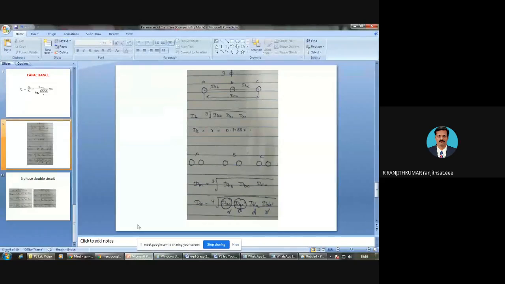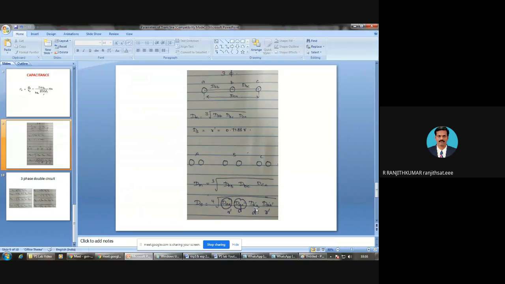Now is it visible? Yes, ma'am, now visible. So here in the second bottom of your DMS cube CCA, it is similar to the first one, and Ds you have to calculate with this formula.